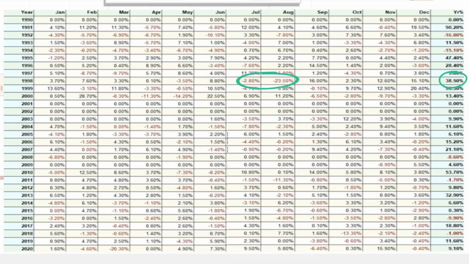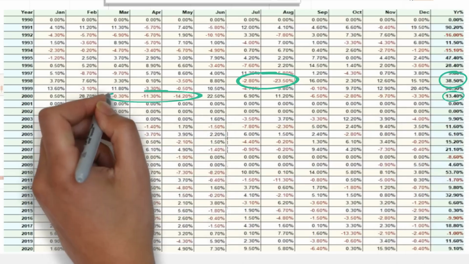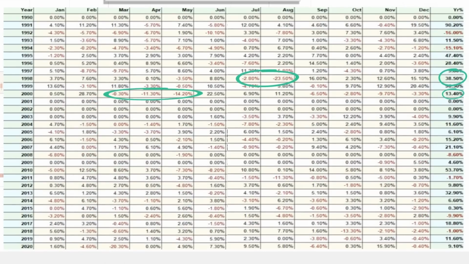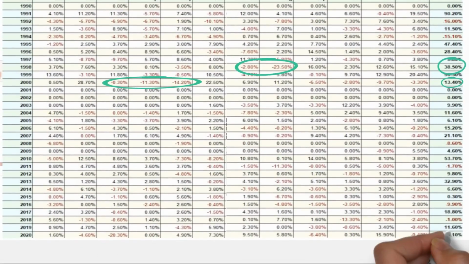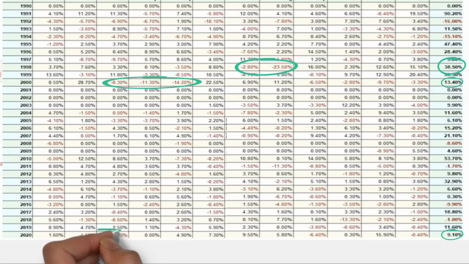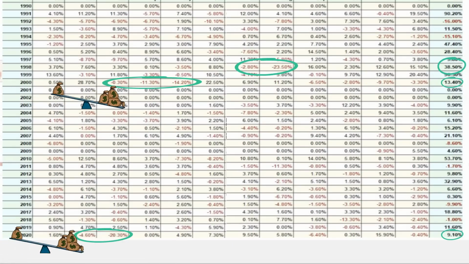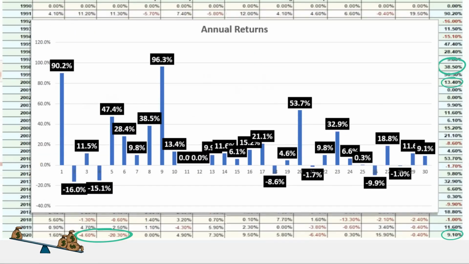In 2000, a positive 13.4% annually, yet a 3-month period of a 26% drawdown. All the way through to 2020, where we had a positive 9% annual return, yet a 2-month period declining 25%. Using excessive leverage during these periods could have caused major loss, despite what the annual analysis would suggest.